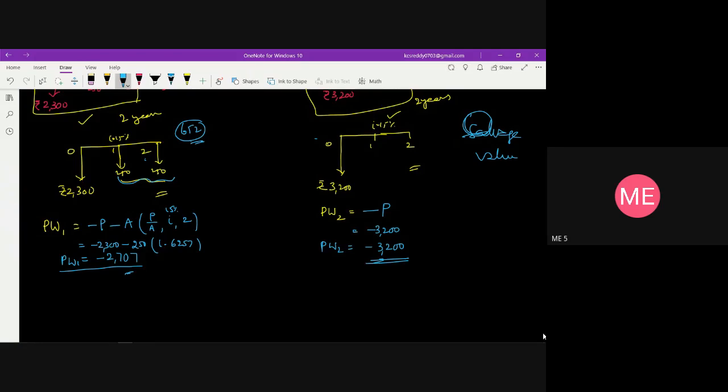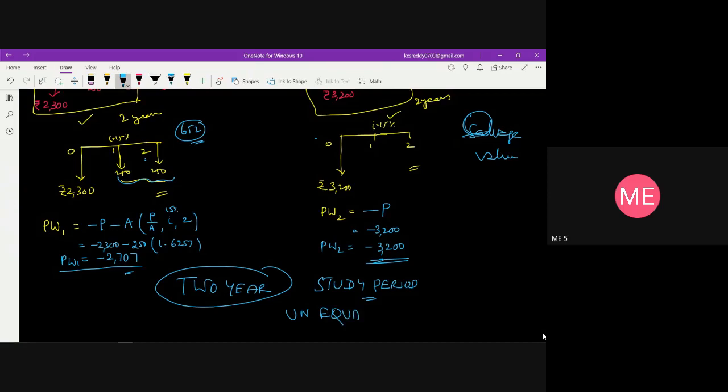This is how we can use the 2-year study period method, where I have taken 2 years as the study period. This is the method you use when there are unequal lives, whereas n is equal to 3 for asset 1 and n is equal to 4 for asset 2. And another method is the common multiple method.